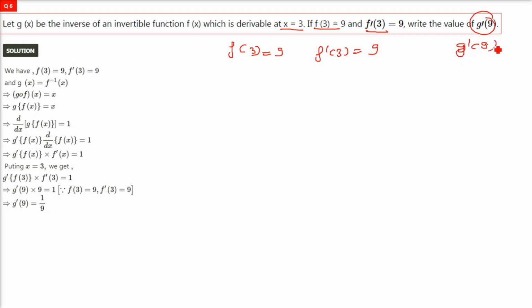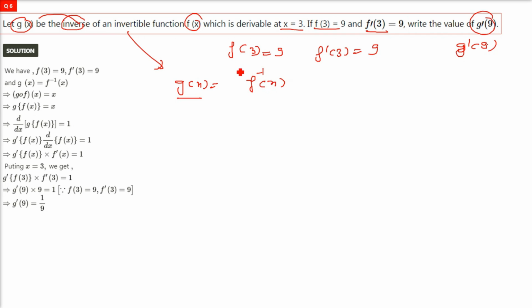So the equation will be formed by what? By here. If g x be the inverse of the invertible function f x, so g x is the inverse of f x. So g x is equal to f inverse x. Whatever the question has said, let's do it.